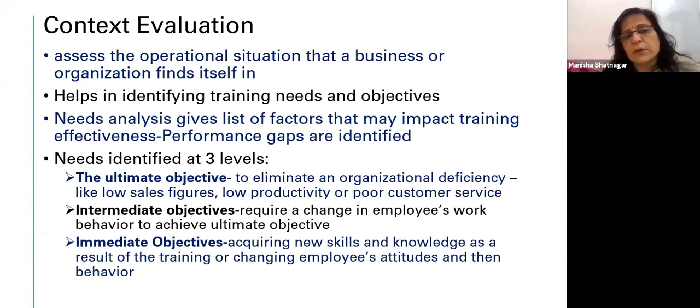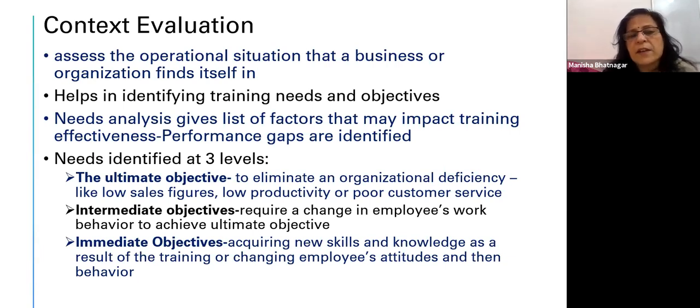What does context evaluation mean? When we do context evaluation, we assess the operational situation that a business or organization finds itself in. We have to make an assessment of the competitors, the political environment, the support from the government or any other organizations that a business organization needs, or the environment.